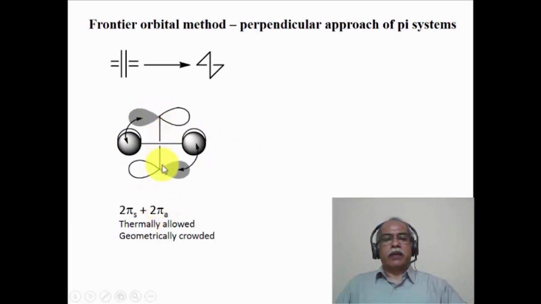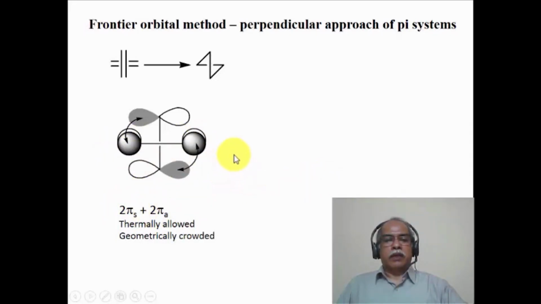If you look at the vertical olefin, the orbital interaction is between this lobe and this lobe, and this lobe and this lobe. So with respect to the vertical olefin, it is very clearly antarafacial because this lobe and this lobe are not on the same side of the plane of the ethylene. This is on the opposite side. So with respect to the vertical olefin, this is an antarafacial process. With respect to the horizontal olefin, it is a suprafacial process.